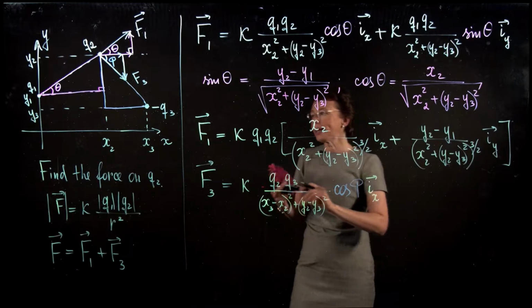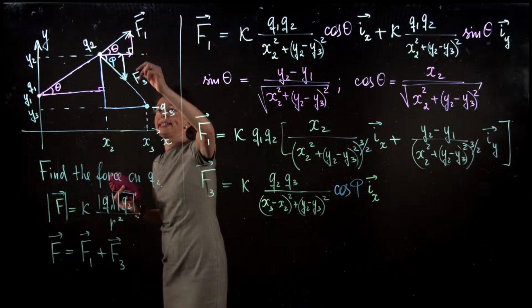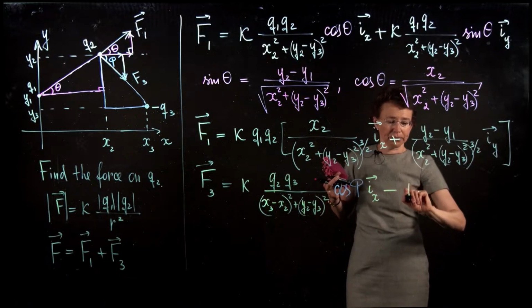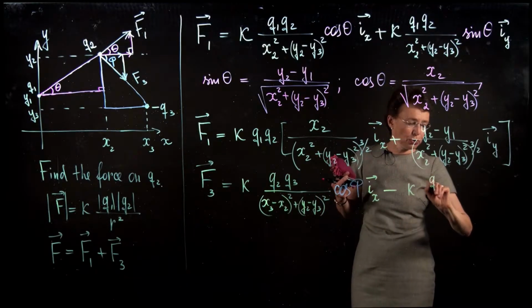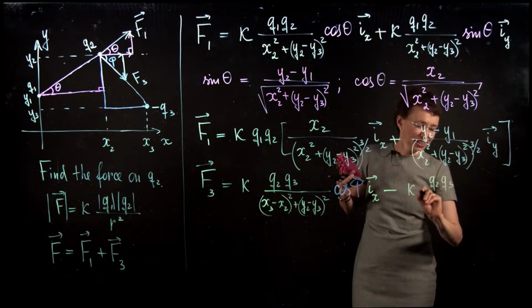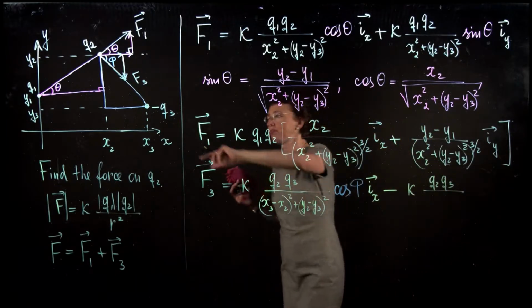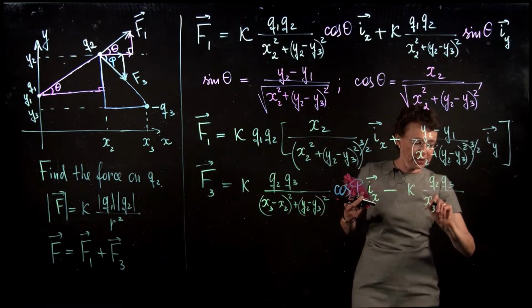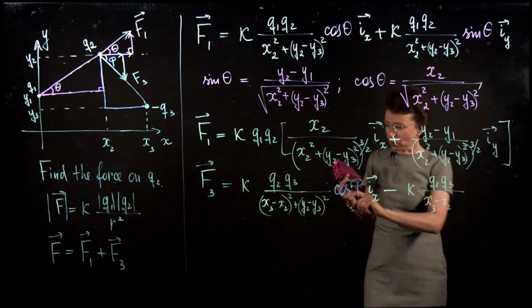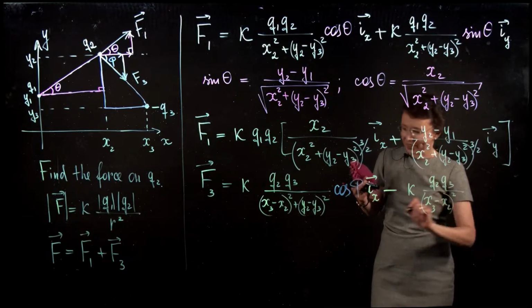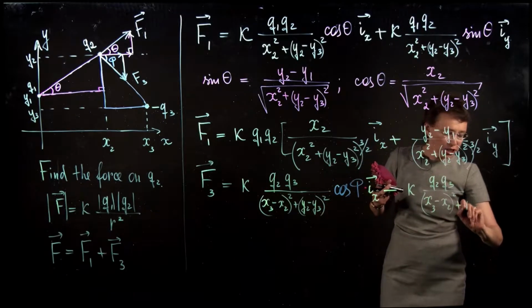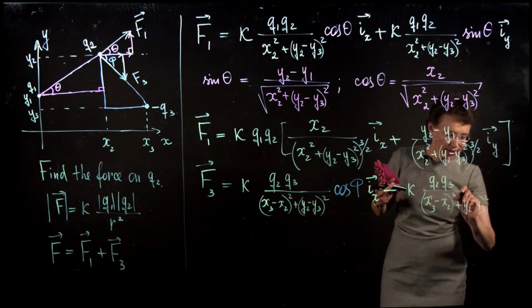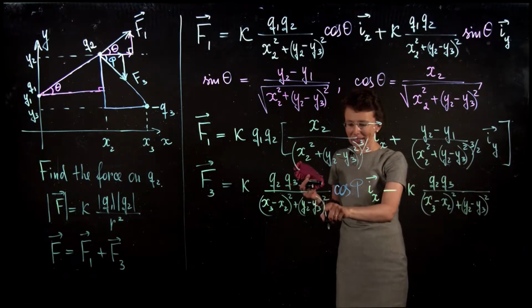And then the y component is negative. I put minus k, and then q2, q3, divided by the distance between them, which is x3 minus x2 squared, plus y2 minus y3 squared, distance squared.